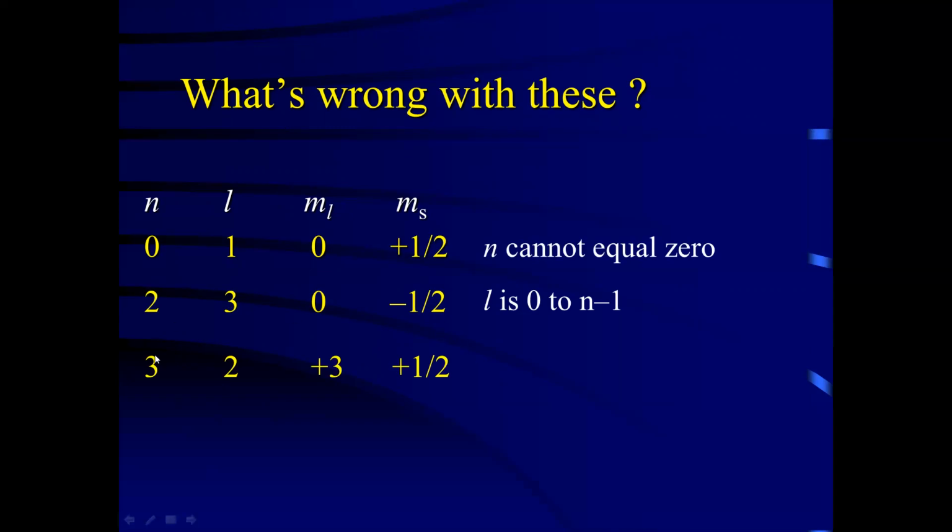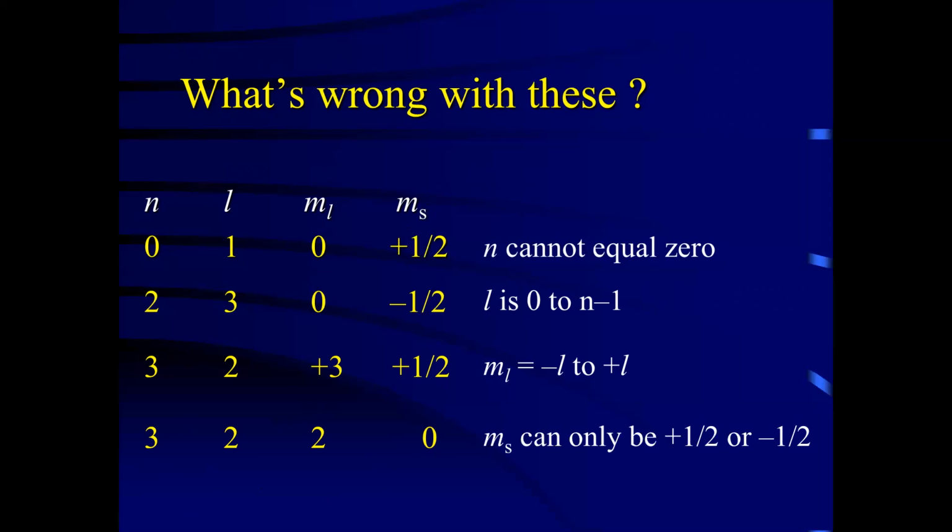How about this one? Here seems okay, but this one, ML, can be from minus L to positive L, but not beyond L. So this one is larger than this one, so this is a problem. And the last one, here is okay, but the spin quantum number can only have 2 possible values, either positive or negative half, cannot be 0.